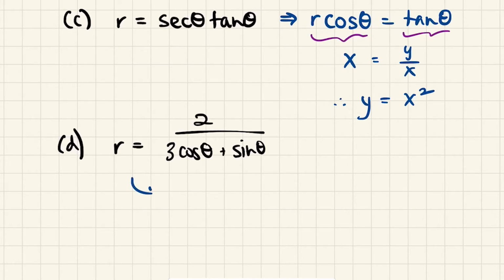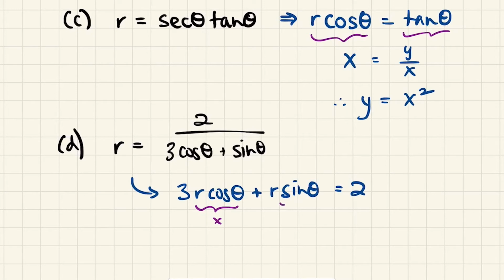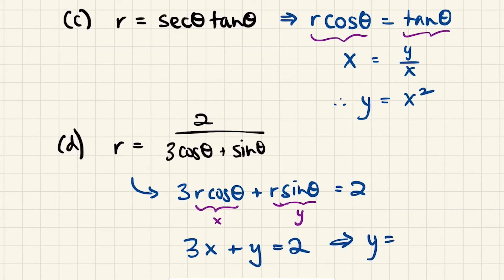So this becomes 3r cosine theta plus r sine theta equals 2. And r cosine is x and r sine is y. So what we have is 3x plus y equals 2. Solving for y, we get y equals negative 3x plus 2. So that's a line with slope negative 3 and y-intercept (0, 2). So we know everything about that particular polar equation now.